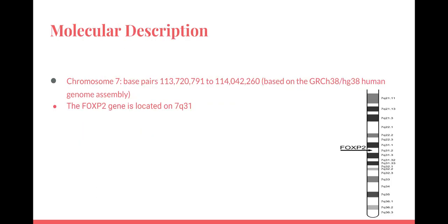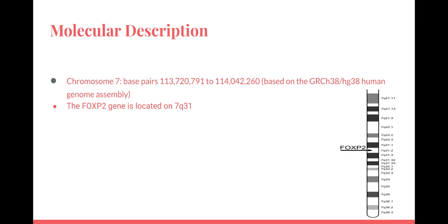Let's now look at the molecular description. FOXP2 is located on chromosome 7 at a position known as 7q31. That's on the long arm, or q arm, of chromosome 7. To be exact, according to the Human Genome Assembly, it spans from base pair 113,720,791 to base pair 114,042,260.